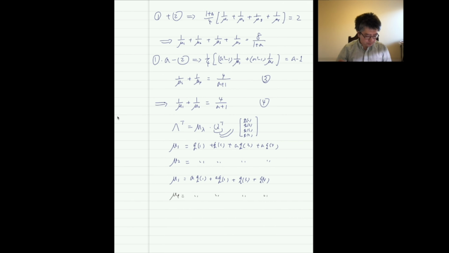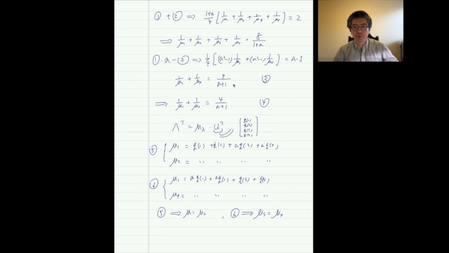Let's say this is equation 5 and this is equation 6. From 5, we can obtain that mu1 and mu2 are identical, and from 6, we can obtain that mu3 and mu4 are identical.